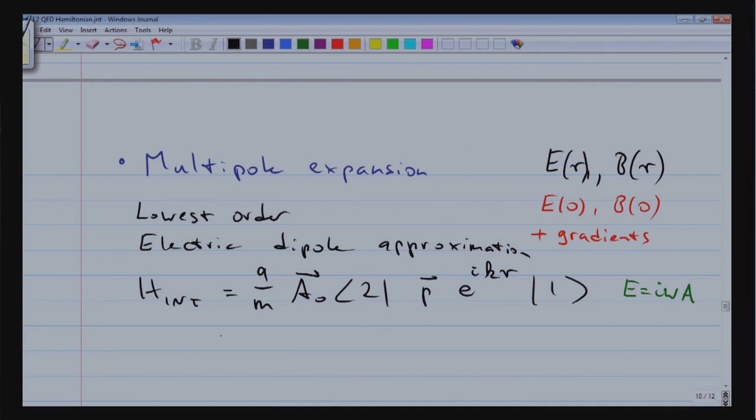So with that, we have now described things by the electric field. And what is needed now is, if we assume that k·r equals 0, or r over lambda is very, very small, the exponential, the plane wave factor, is approximated by 1.